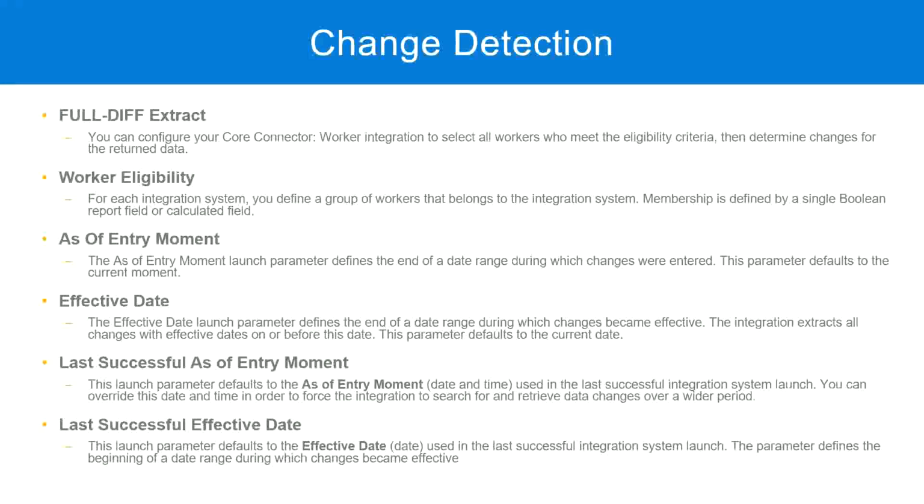For example, you are creating a connector to ADP. You are configuring a core connector and you want to send the file to ADP. Let's say ADP is your payroll vendor for North America. Then will you include the workers who are not in North America?